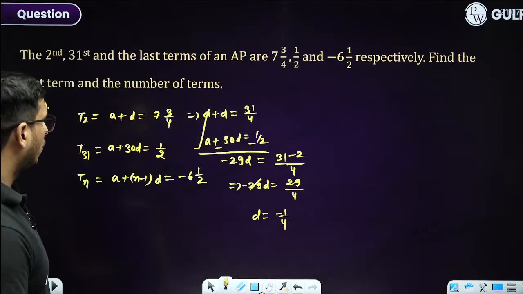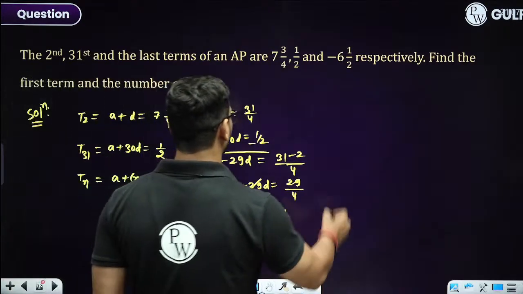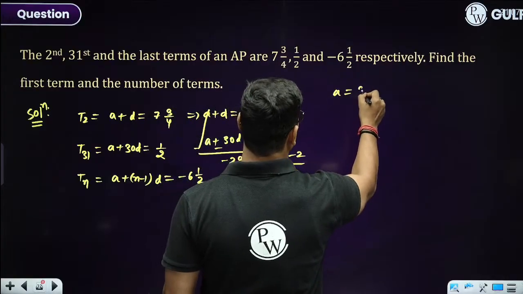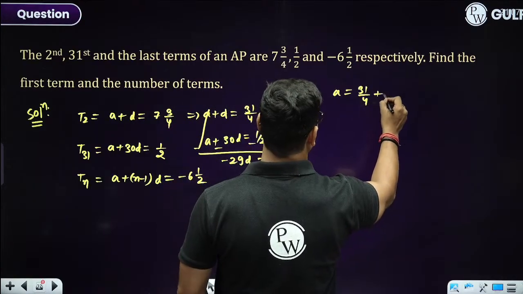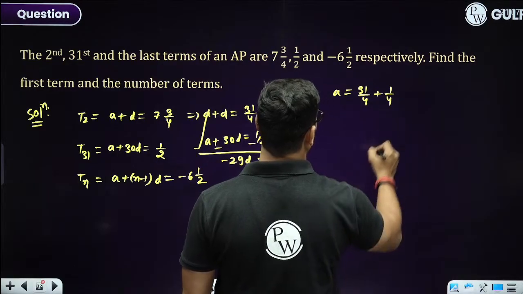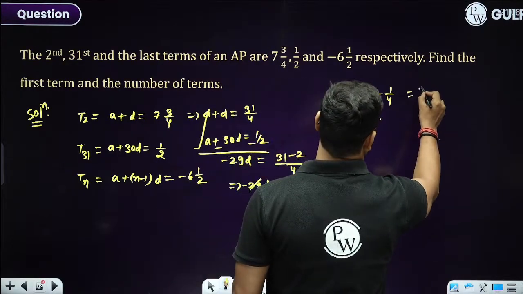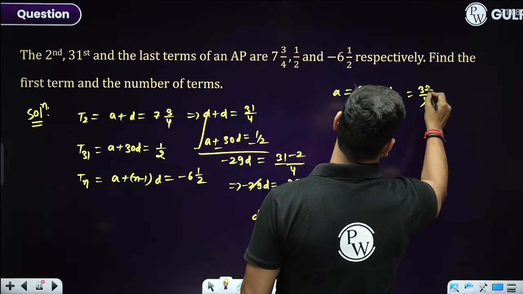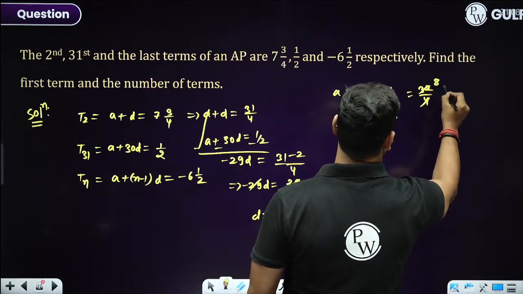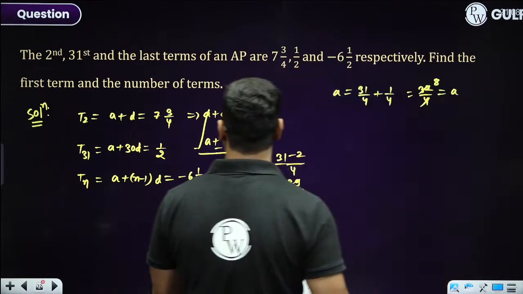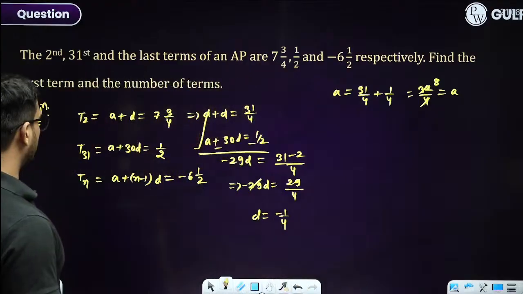Okay, we got D. So if we have D, tell me A. A is 31 by 4 and we have minus D. So minus minus plus 1 by 4, should I write? Yes, sir. 32 by 4, 8. This is 8. A is 8. So we got A and we got D also.